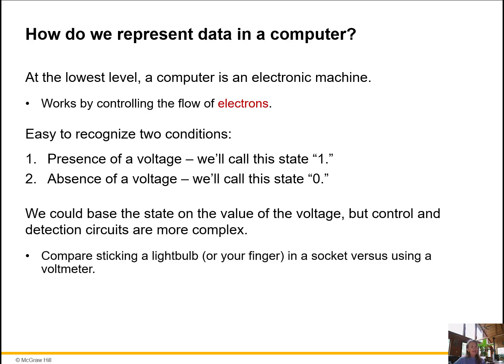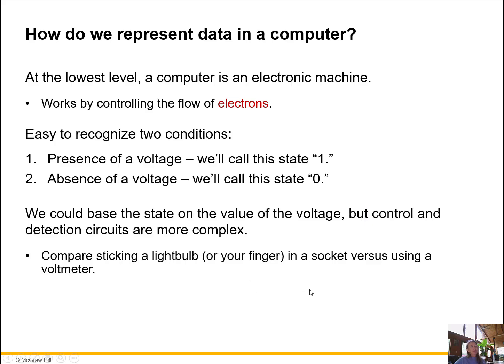And we could base the state on the value of the voltage, but we don't really care how much voltage. Well, we do care how much voltage, because within a certain range, that's going to be a 1. And if it's a really tiny amount of voltage or 0 voltage, we're going to call that a 0.